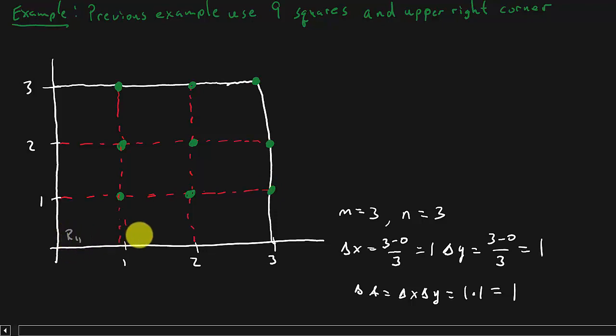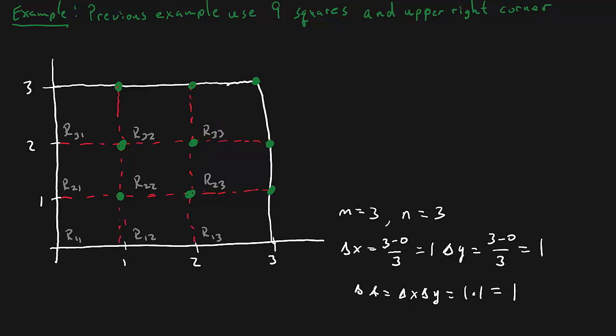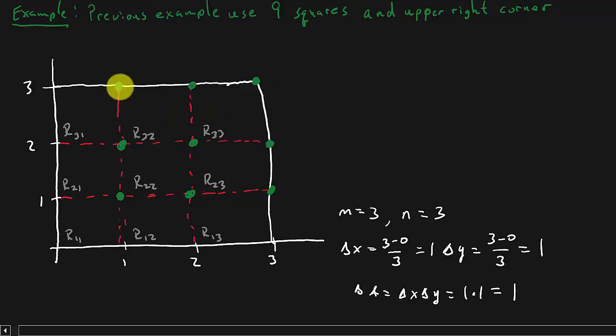We've got R11, R12, R13, R21, R22, R23, R31, R32, and R33. Now, remember what I told you. Let's go ahead and label our points.